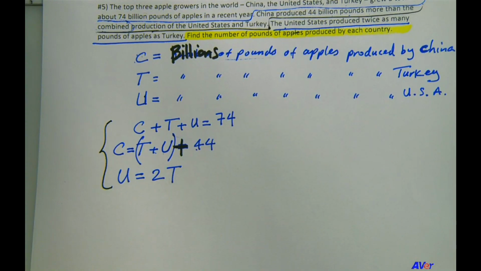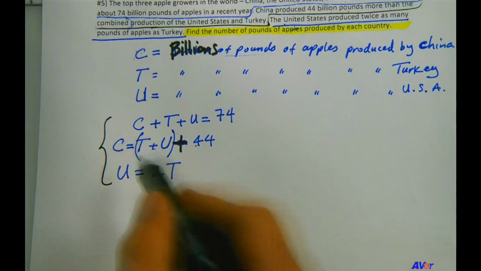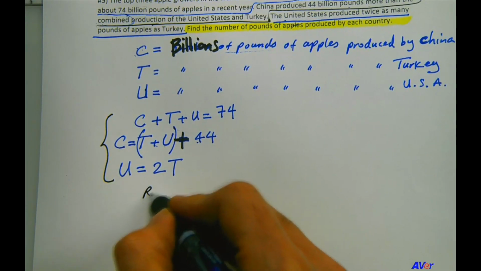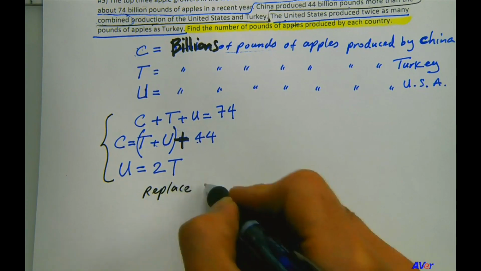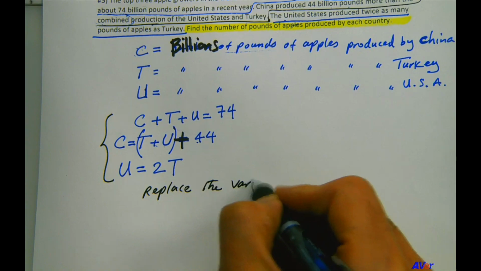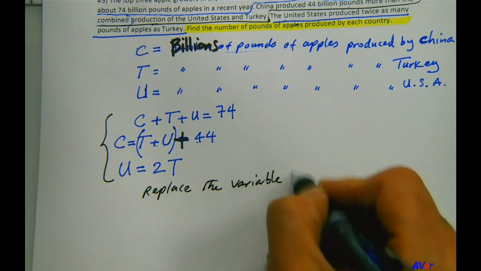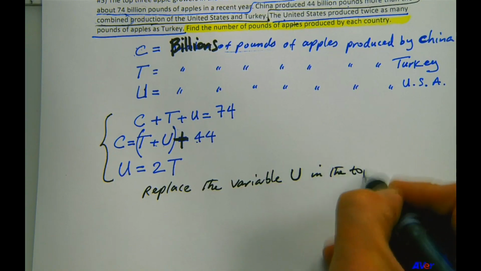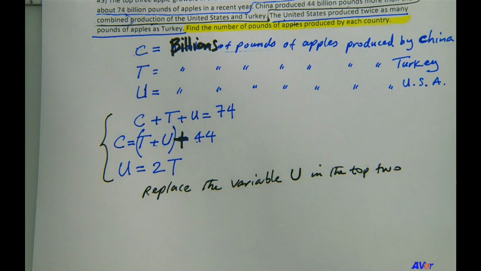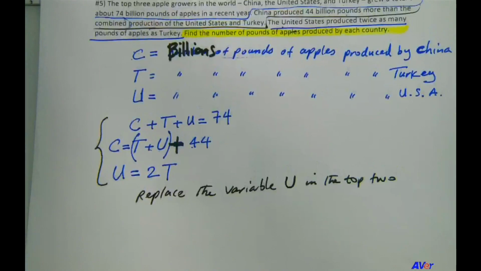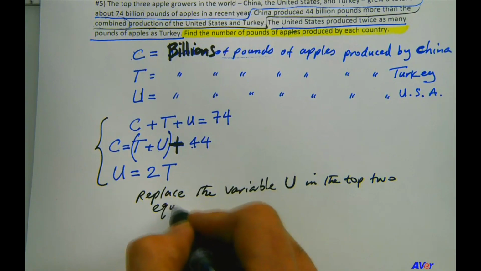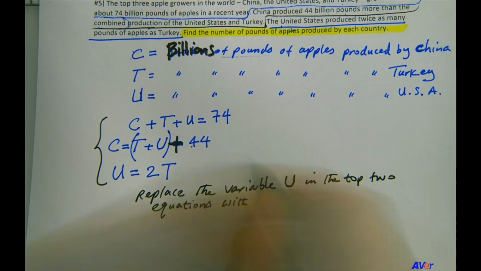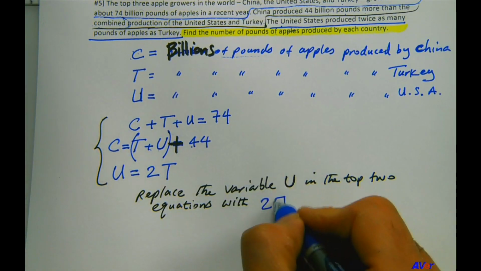So in the top 2 equations, replace the variable u in the top 2 equations with 2t.